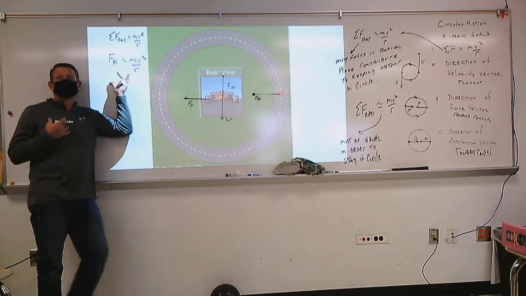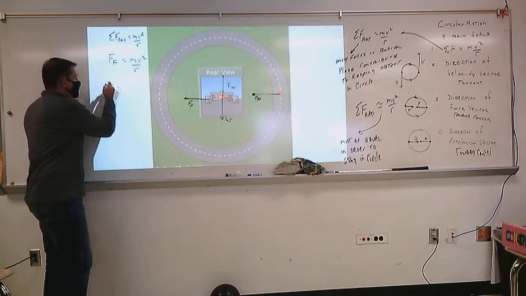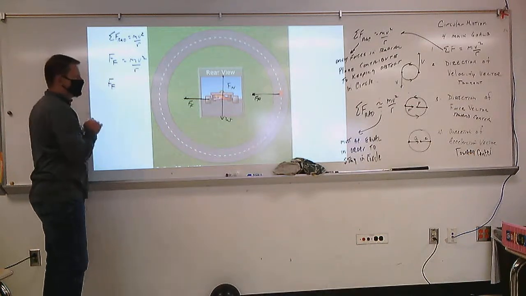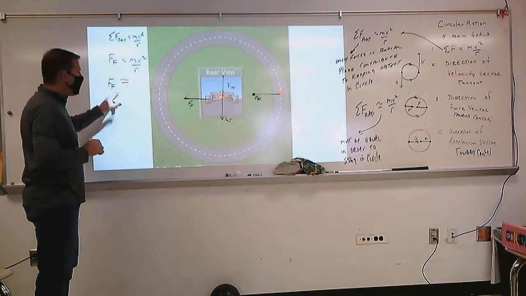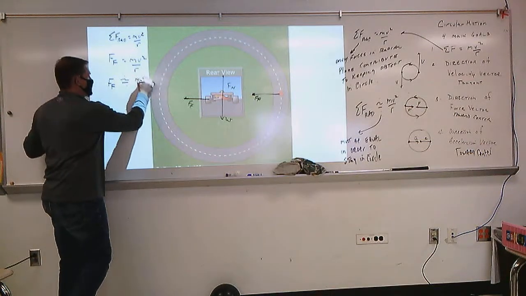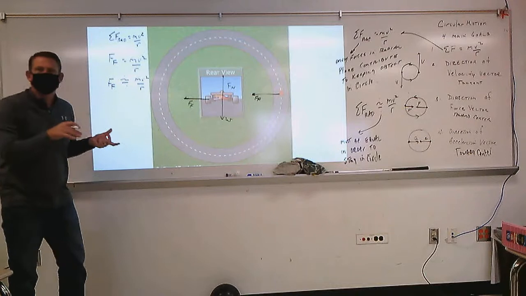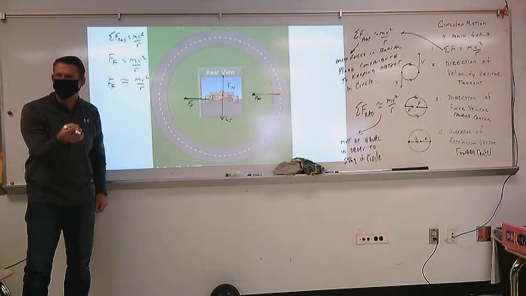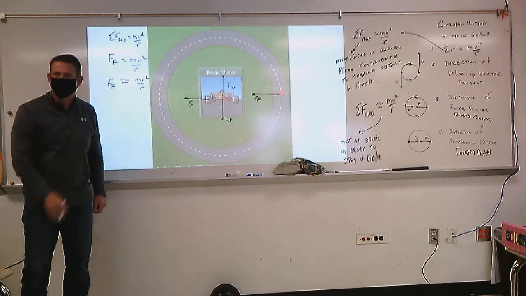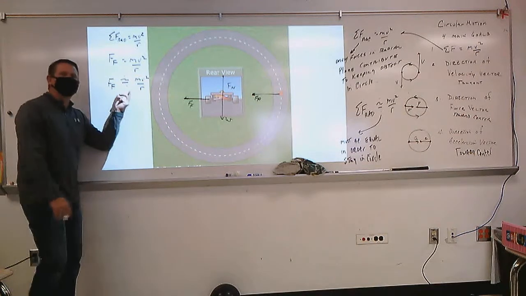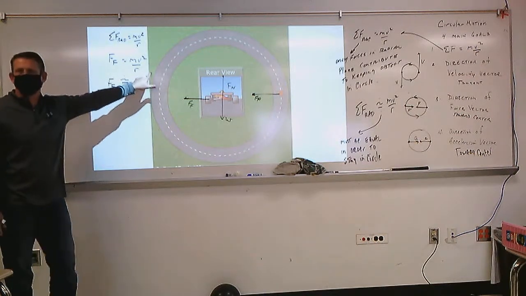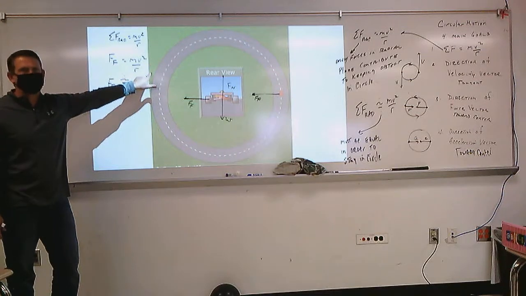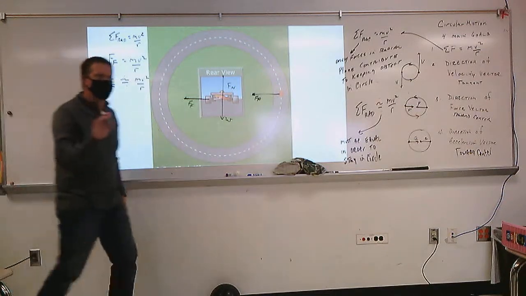What it really should say is that the friction force must be equal to mv squared over r in order for the object to stay in the circle. This eliminates the idea that friction force is always equal to mv squared over r. So be careful with that.